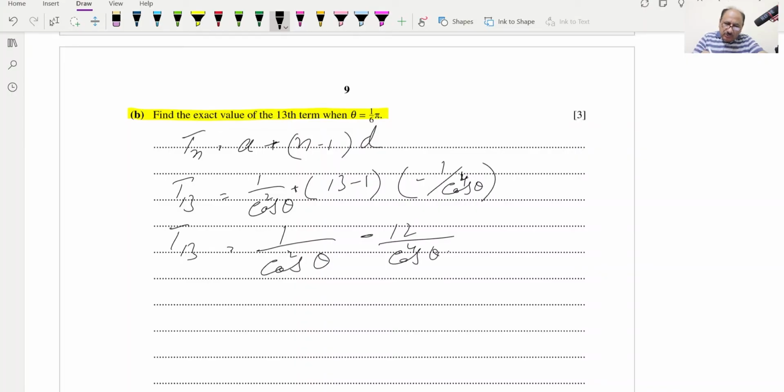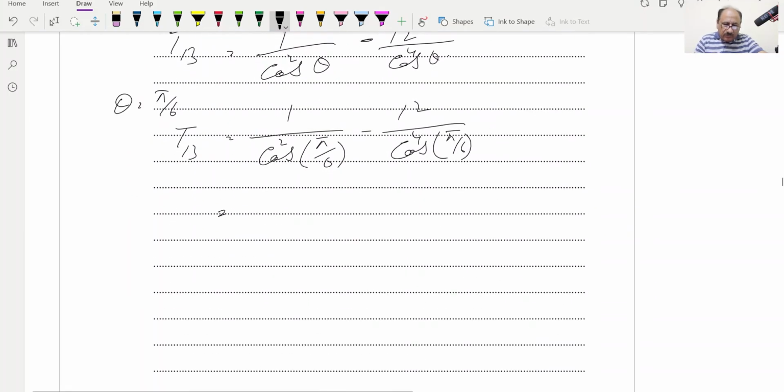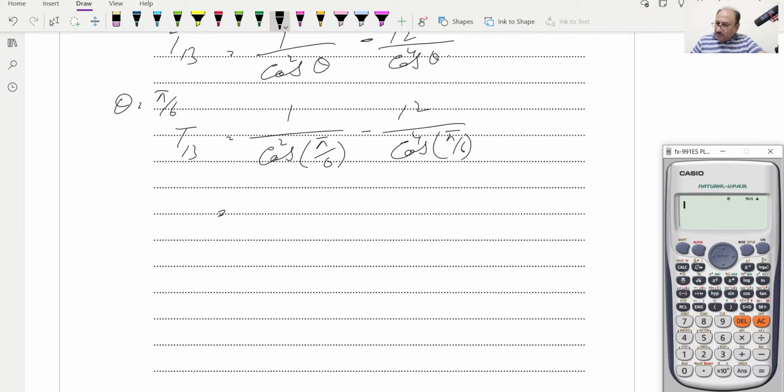Now when theta is equal to pi by 6, our value t13 will become what? T13 will be 1 over cos square pi by 6 and minus 12 over cos 4 of pi by 6, and this will be equal to what? We can check for cos pi by 6 on the calculator.